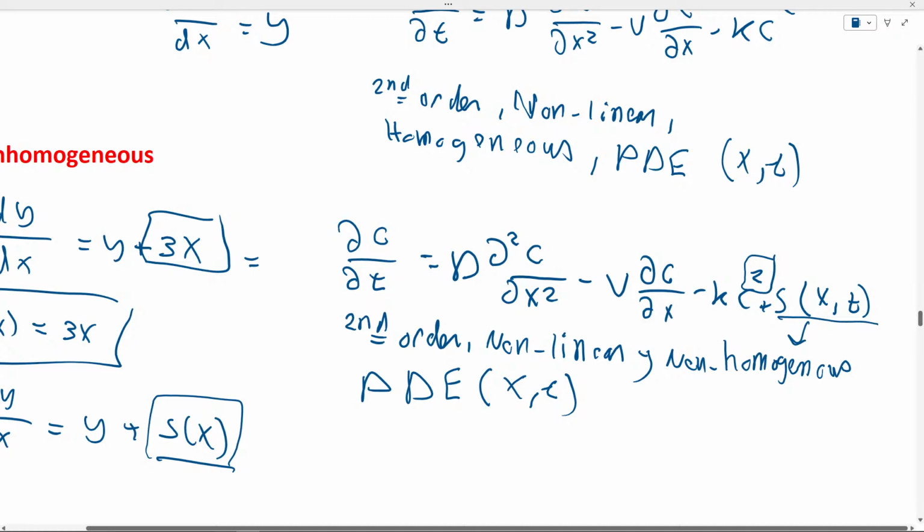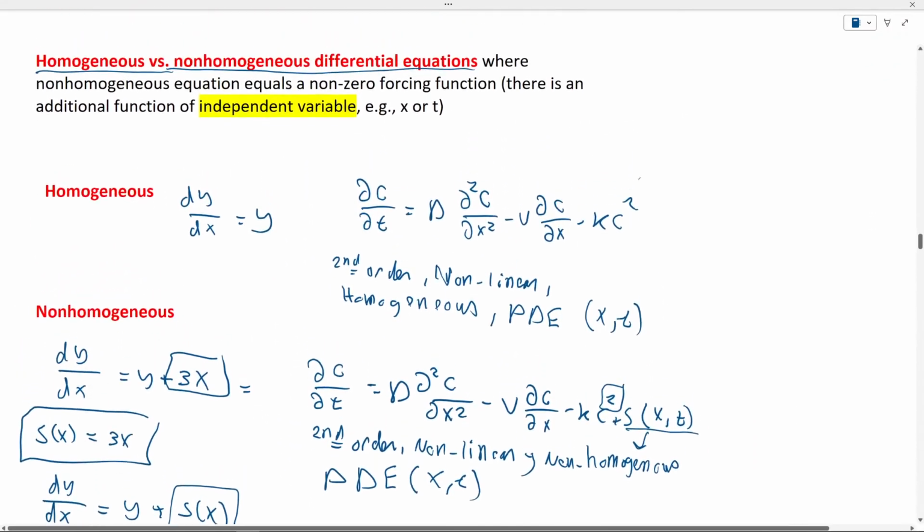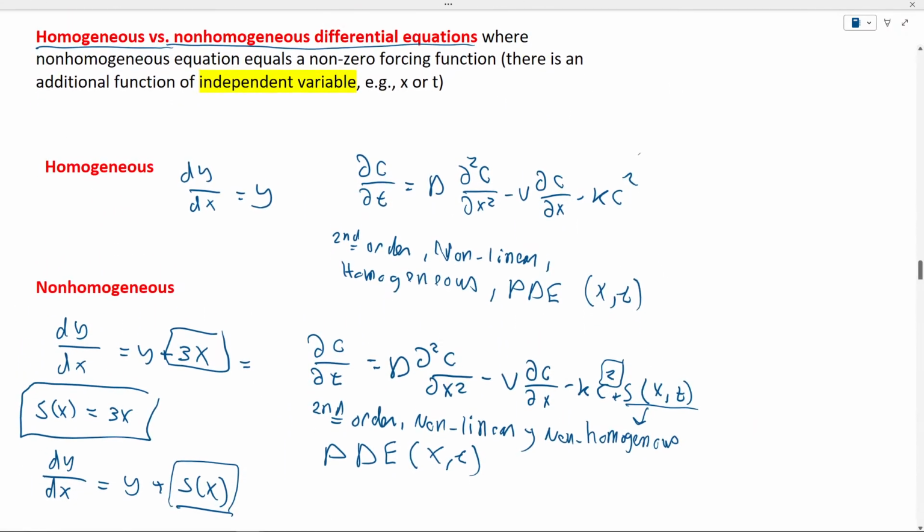So that's basically how to classify this equation, and why this is important. Why is learning this important? Because this will tell us how we can solve these equations. If it's not homogeneous, if it's not linear, they might not have an analytical solution.